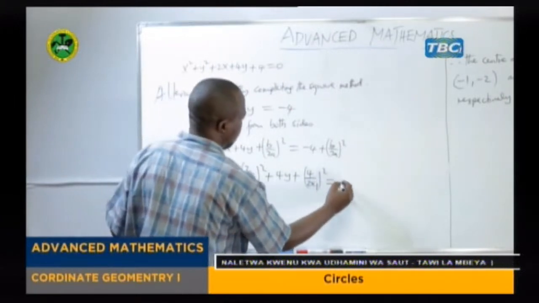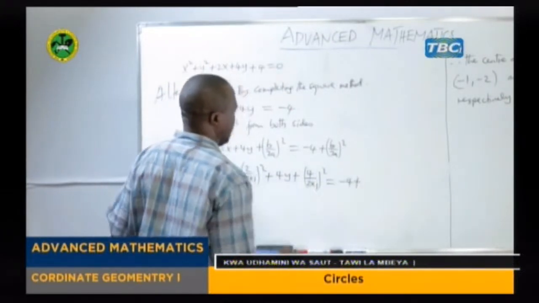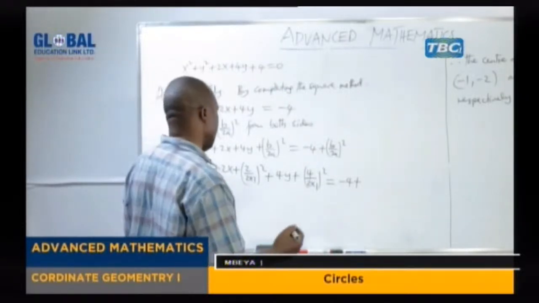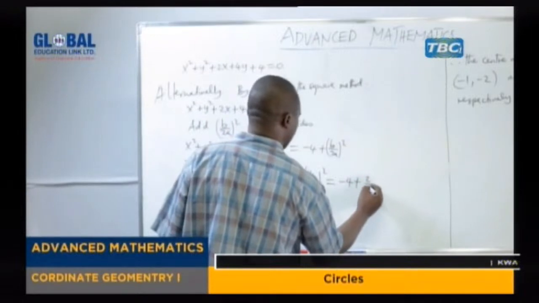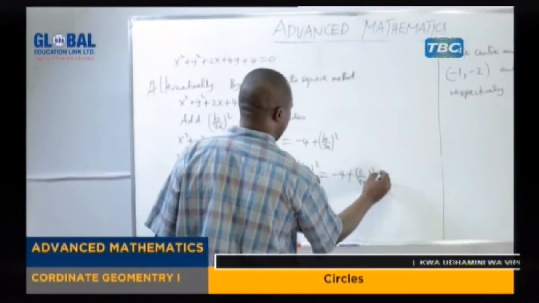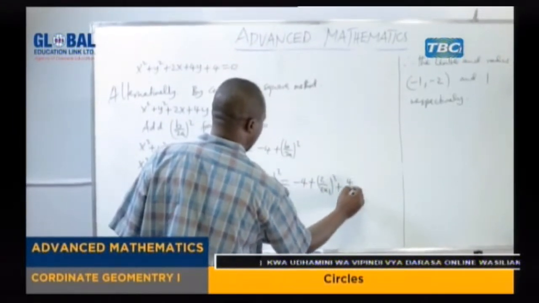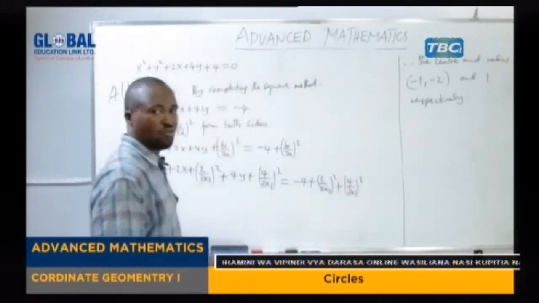This is equal to negative 4 plus, now we do the same in our right hand side, 2 over 2 times 1 squared again plus 4 over 2 times 1 squared.